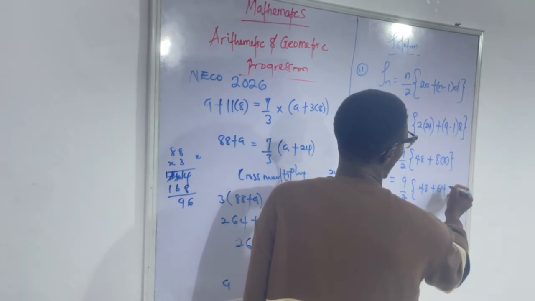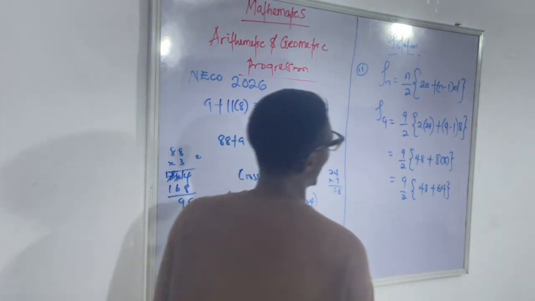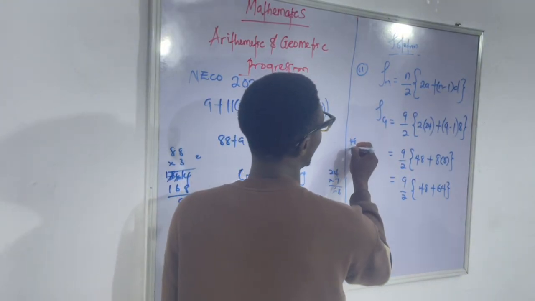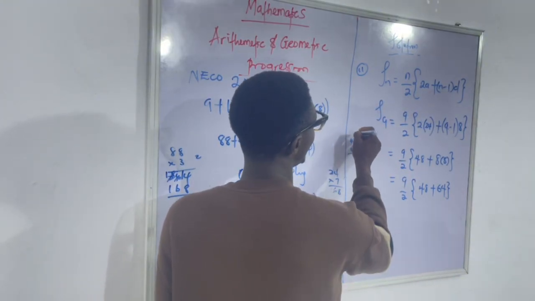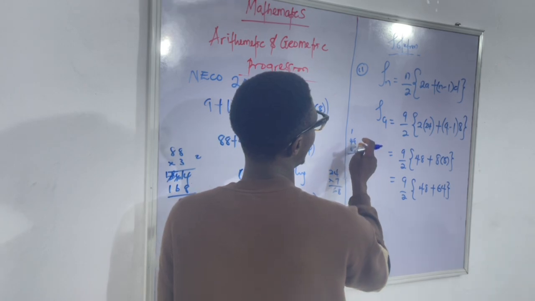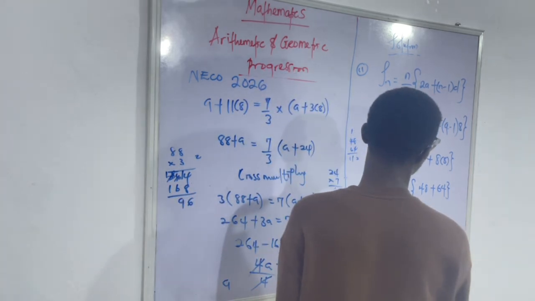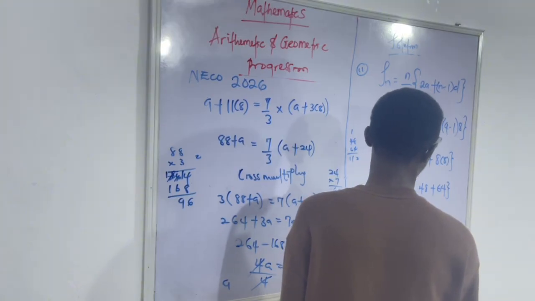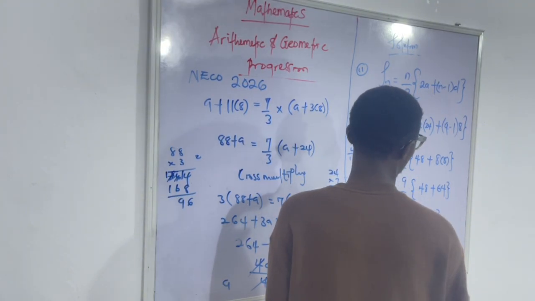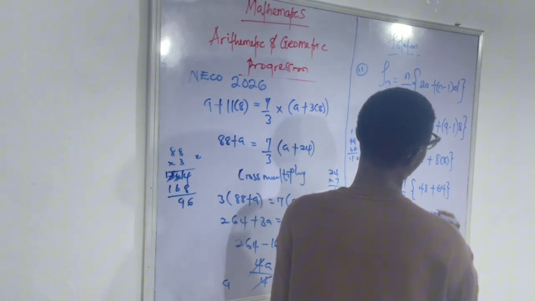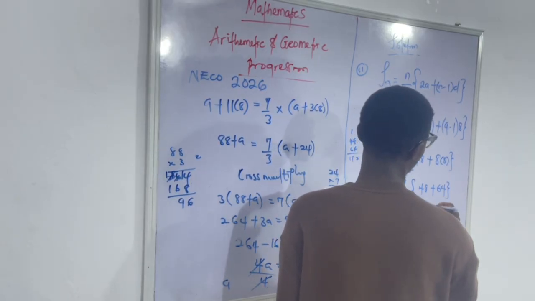So that is 9 over 2 into 48 plus 8 times 8, that's 64. So we can just do 48 plus 64, that's 112. That's 9 over 2 in bracket 112. So 2 into 112 is 56.